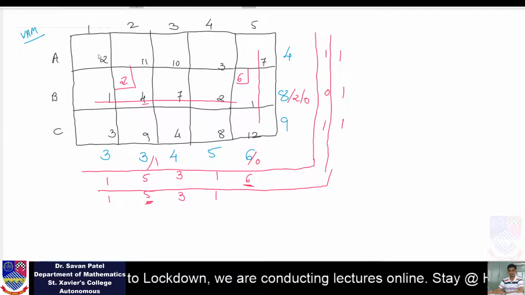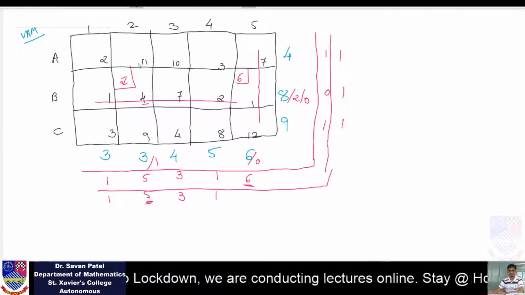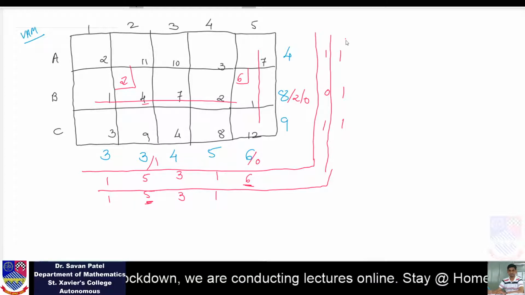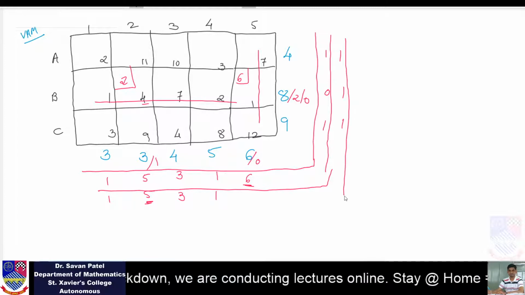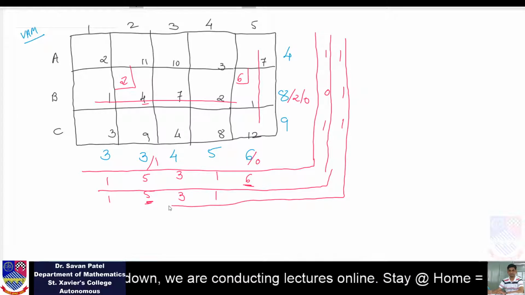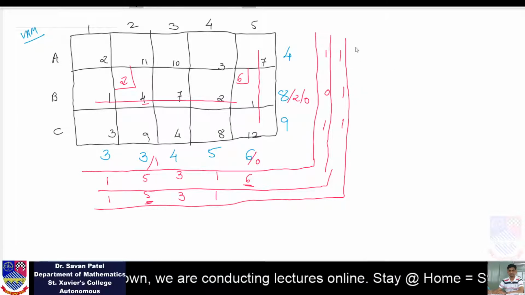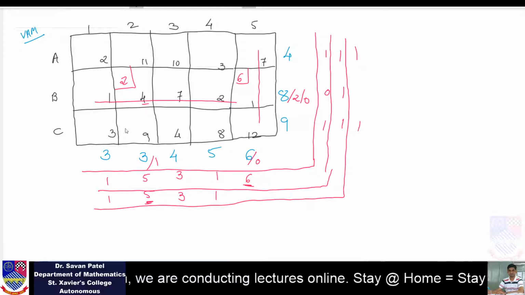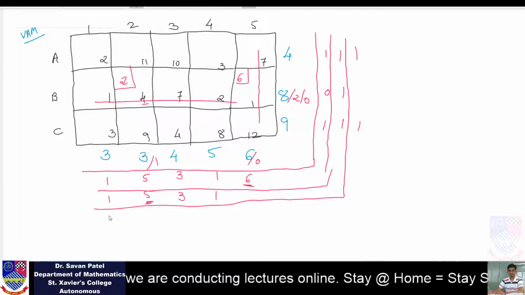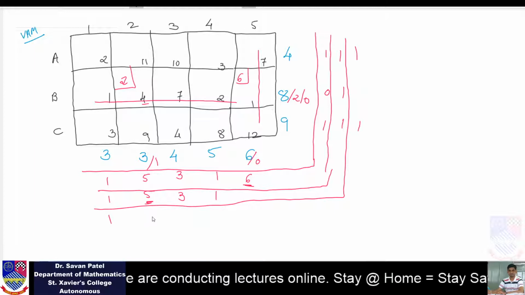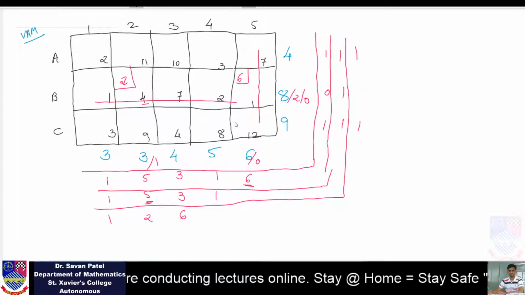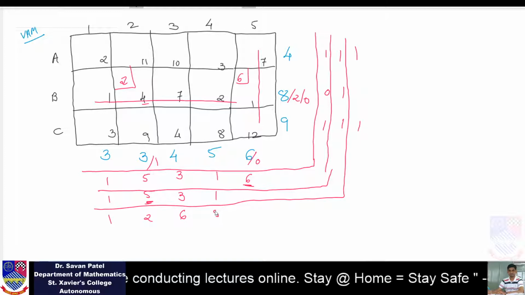So the table remains with these two rows only. So the minimum of 2 and 3, the difference is 1, minimum of 4 and 3, the difference is 1, minimum is 2 and 3, so the difference is 1, 9 and 11, so the difference is 2, 4 and 10, so the difference is 6, 3 and 5, 8, so the difference is 5.